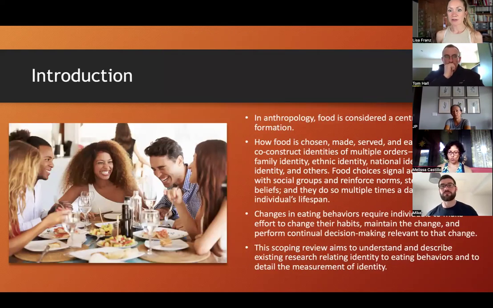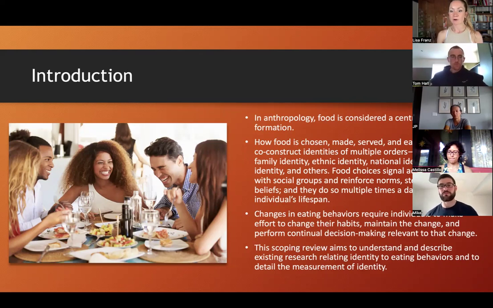In anthropology, food is considered a central part of identity formation. How food is chosen, made, served, and eaten all serve to co-construct identities of multiple orders: self-identity, family identity, ethnic identity, national identity, religious, and others. Food choices signal active allegiances with social groups and reinforce norms, stereotypes, and beliefs, and they do so multiple times a day throughout an individual's lifespan.